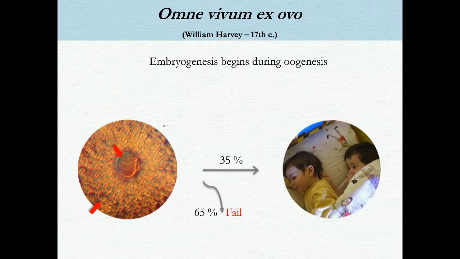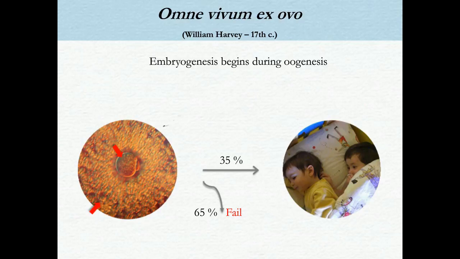Therefore, less than 500 eggs will be selected for being ovulated, and of these, many will be developmentally incompetent. In other words, incapable of sustaining full-term development with the birth of a new individual.